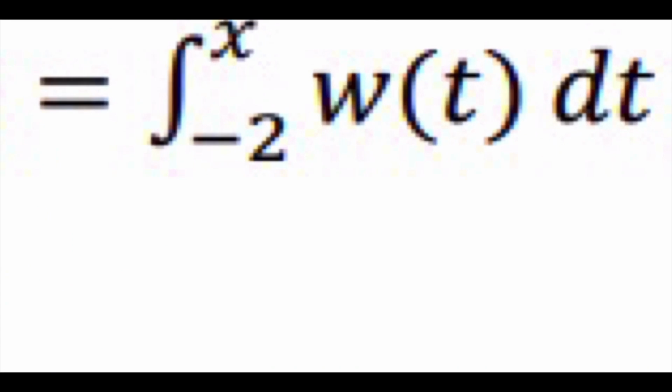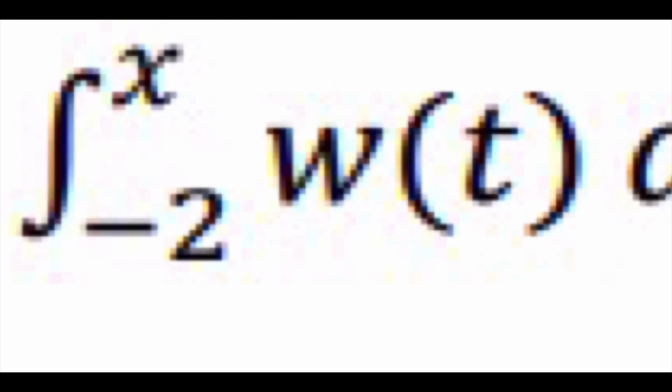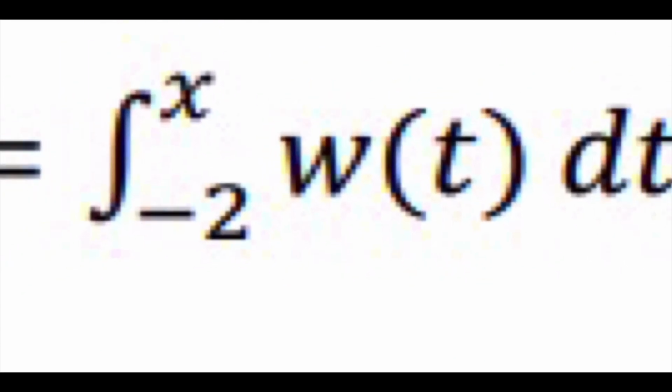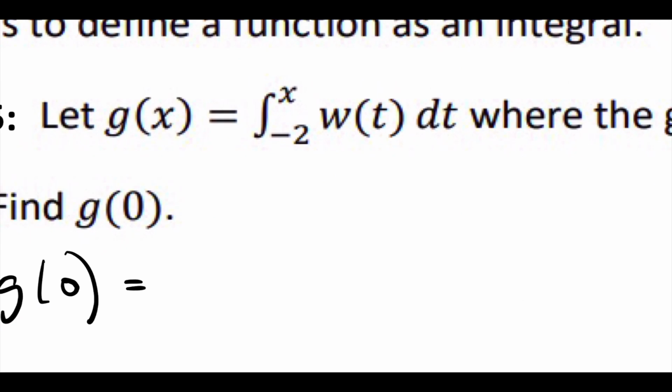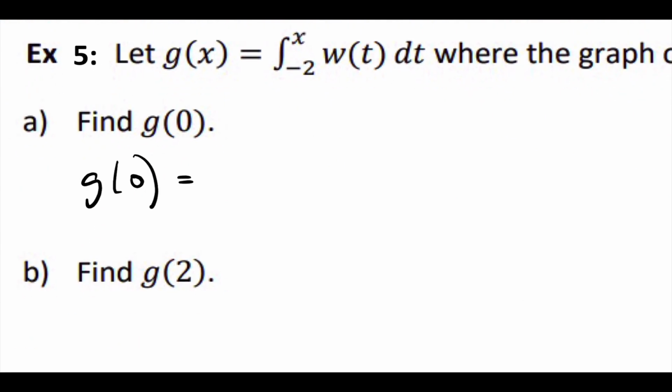I see another x, right? Anywhere there's an x, I plug in 0. There's another x right there, right? I can plug in 0 there. Okay, so let me do that. Minus 2, 0. I don't plug in 0 for t because it's only plugged in for x.